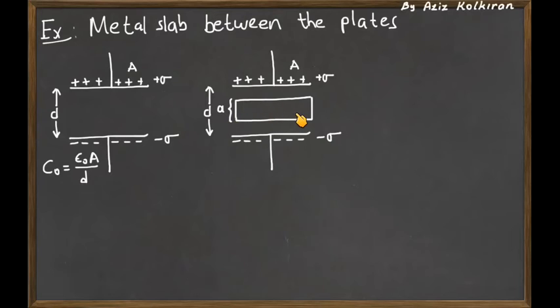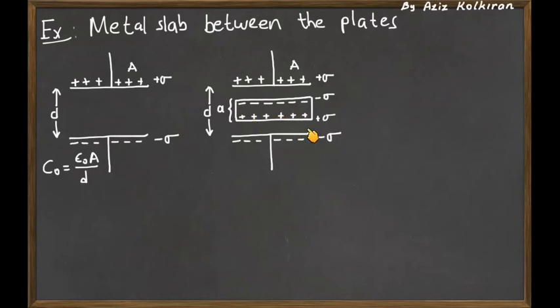So this is a metal, and because of the electric field between the plates, this metal slab will have induced charge densities on each face, facing the upper plate and lower plate, and the charges will distribute themselves. Well, by the way, initially this slab has no net charge. Even if we put the slab in between, there is still no charge.